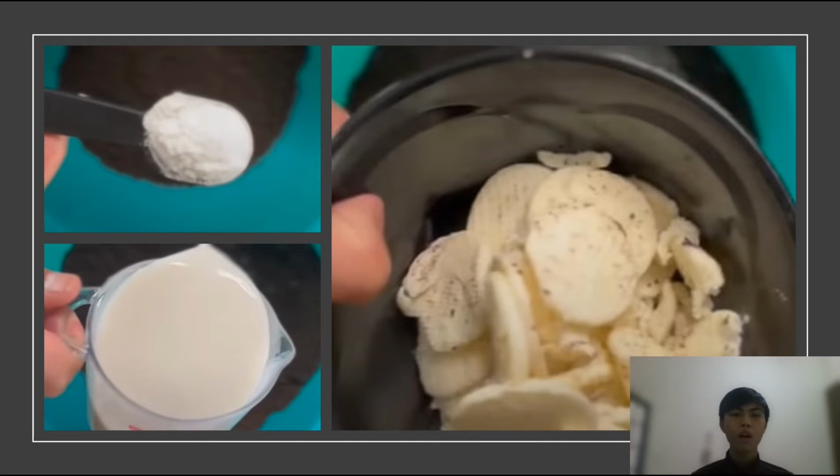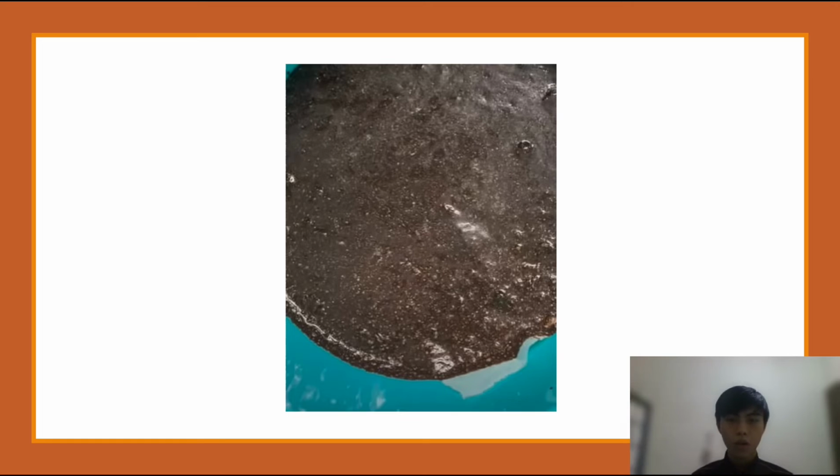Next, we put 1 teaspoon of baking powder, 1 cup of milk, and the filling of the cookies, and we mix it up. And the result will look like this.